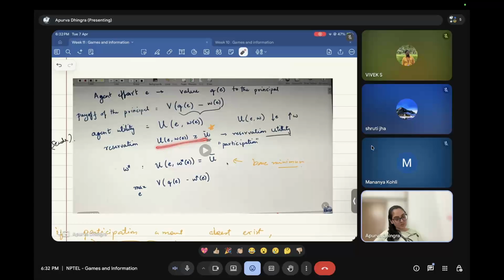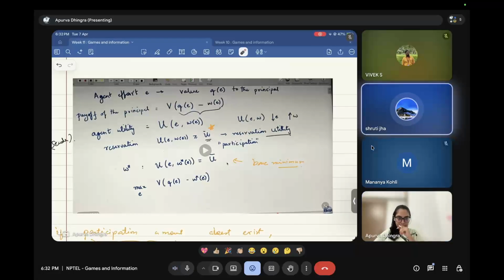They can just match this wage and be done with it. And that's exactly the bare minimum utility that the agent is going to get. This is what they wanted, and that's what they'll get as an optimal wage.